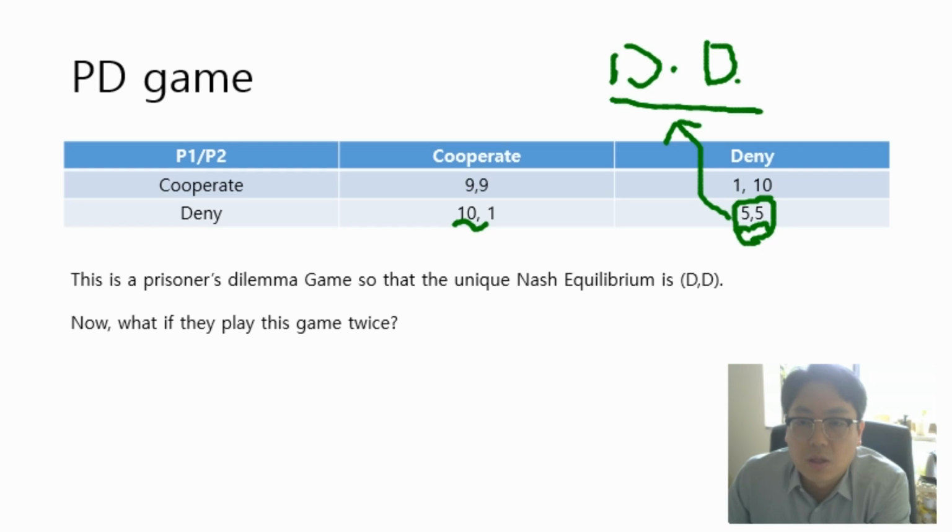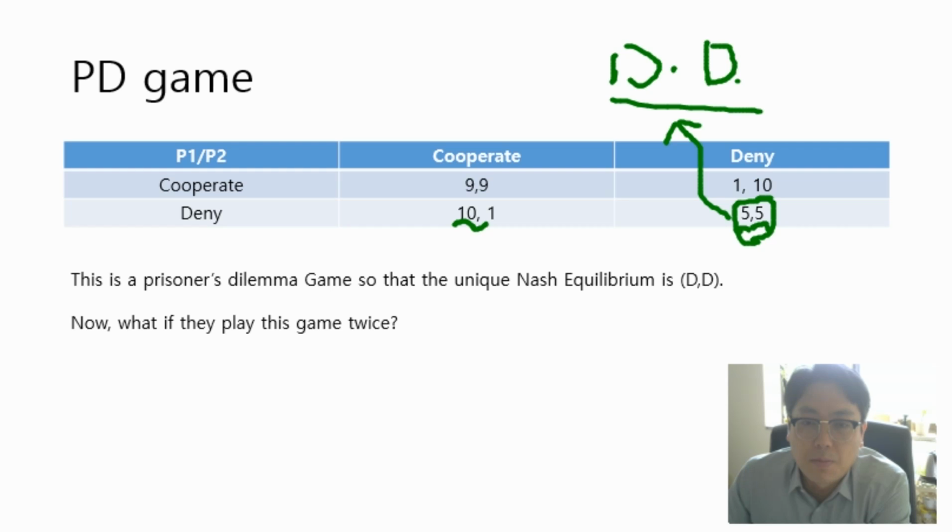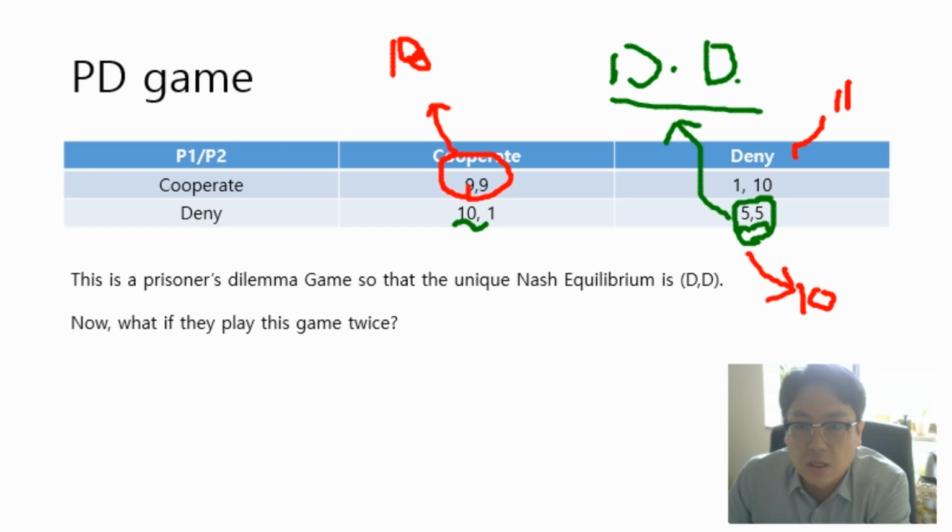Deny is the unique Nash equilibrium. But if you look at the result, it is not optimal, because if both cooperate, the social payoff is 18, but here the social payoff for these two persons is 10. This one is 11, and this one is 11.